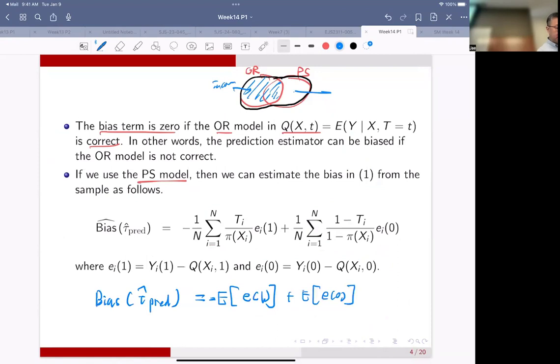If I use this definition, then this is the bias: minus the expected value of E1 plus the expected value of E0.